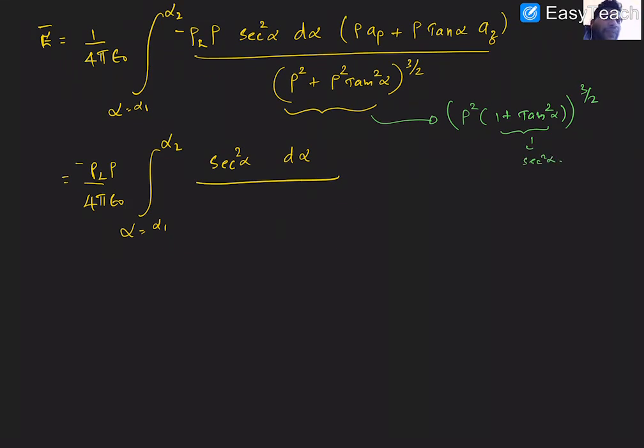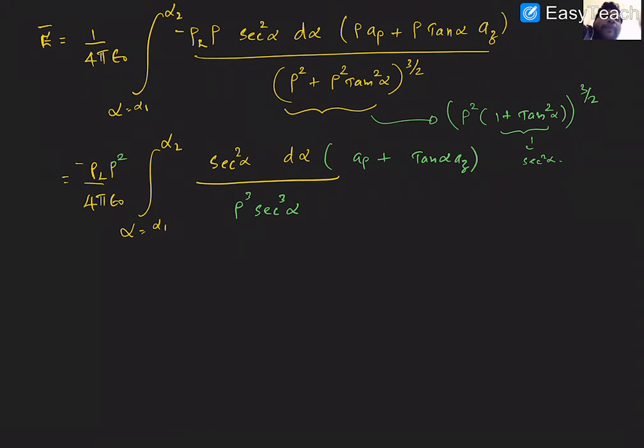So we will get rho cube sec cube alpha. Okay, then what is remaining? Rho a rho plus rho tan alpha az. And you can take this outside, you have one rho here and rho here, and also you have another rho here, so rho into rho becomes rho square, and you can delete this.